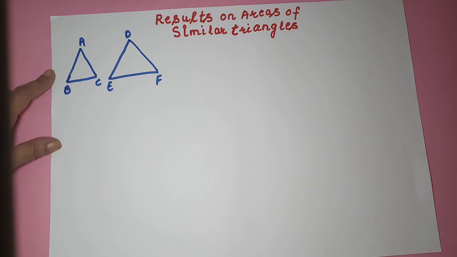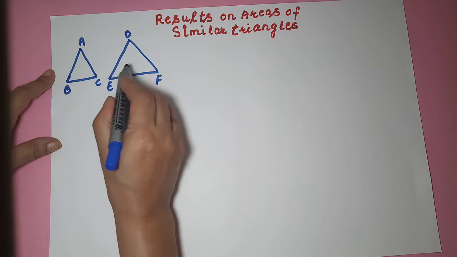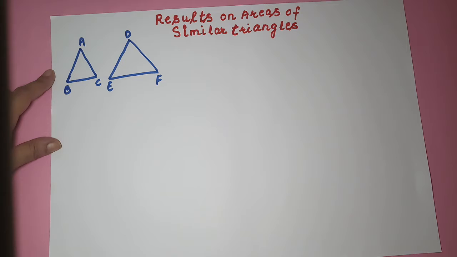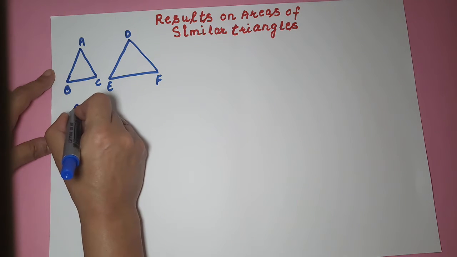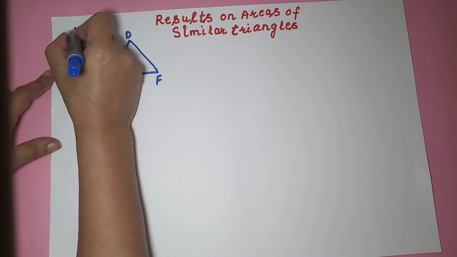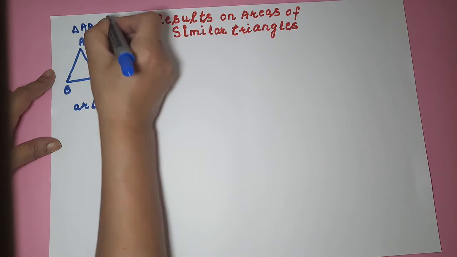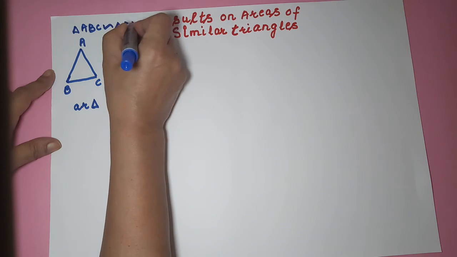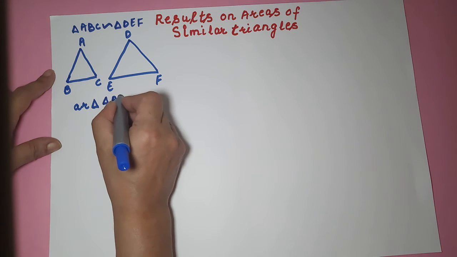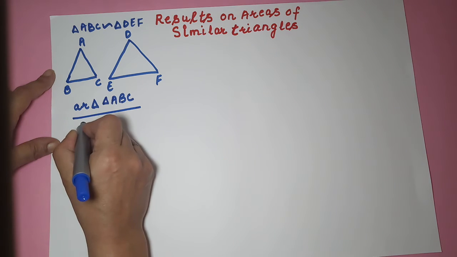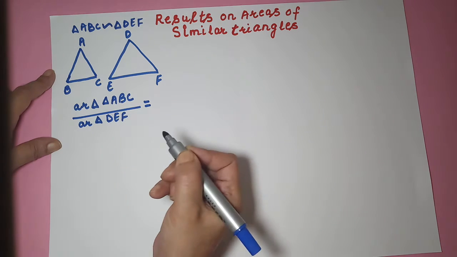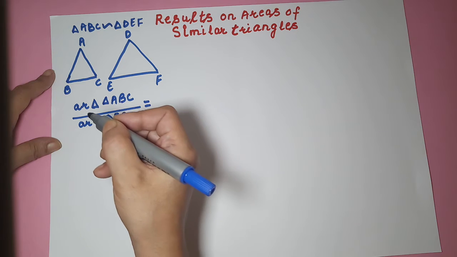Now our first theorem is that the areas of two similar triangles are proportional to the squares of their corresponding sides. What does that mean? That means, if triangle ABC is similar to triangle DEF, this is given to us, right? Then area of triangle ABC upon area of triangle DEF is proportional to the squares of their corresponding sides.